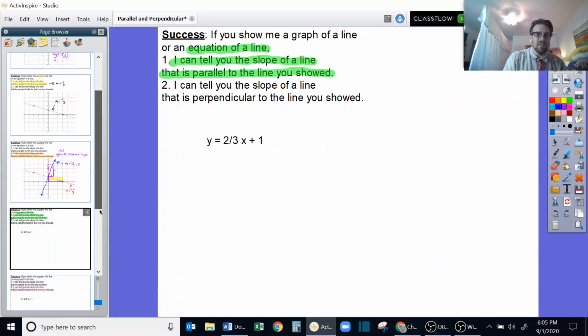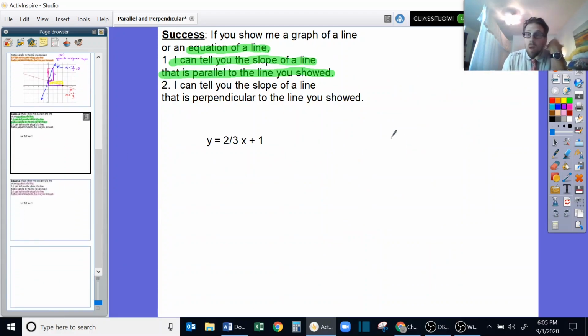So, what happens if I give you an equation? Well, it's the same information that we already know. If I want a line that is parallel to a line that has this equation, I first have to recognize that this 2/3 is the slope and this 1 is the y-intercept. So for a line that is parallel to this line, I just want to make sure that I have a line that has a slope of 2/3.